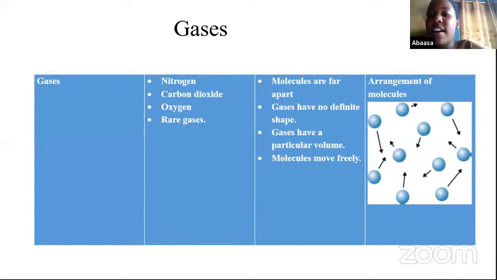Molecules are apart. Very good. Molecules are apart, which means they are spaced. Being that they are spaced, they can easily move. We shall come to look at it when it comes to heating. When we heat it, what happens? And we compare it with other states of matter.